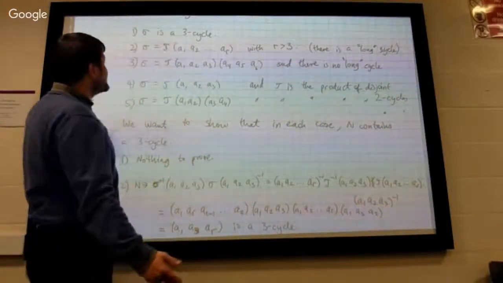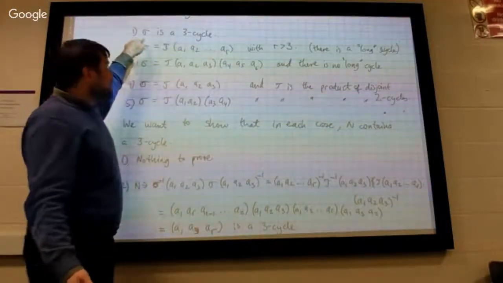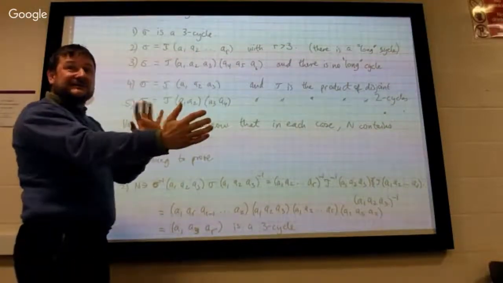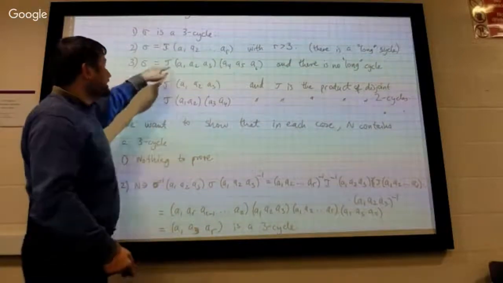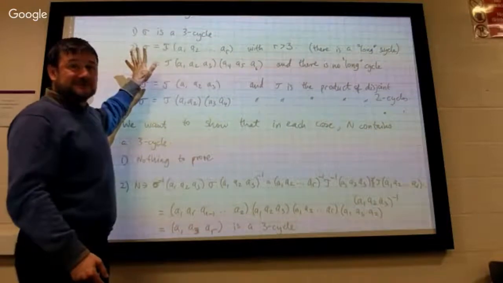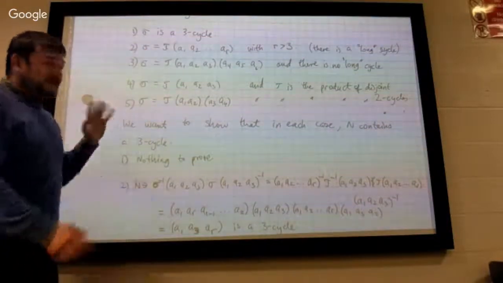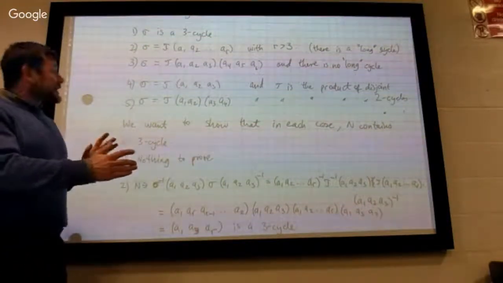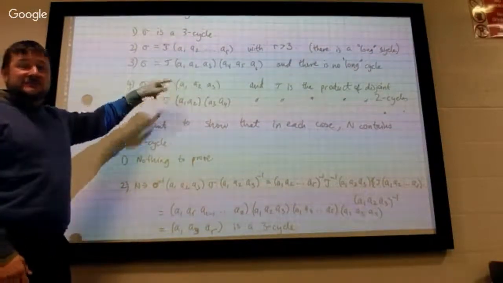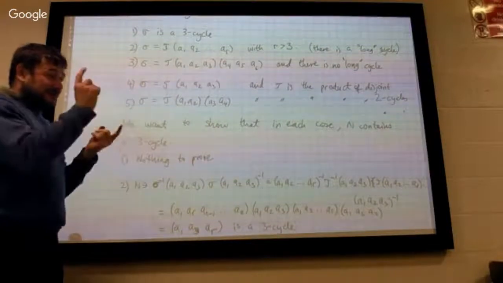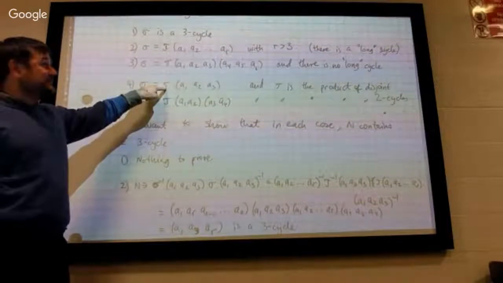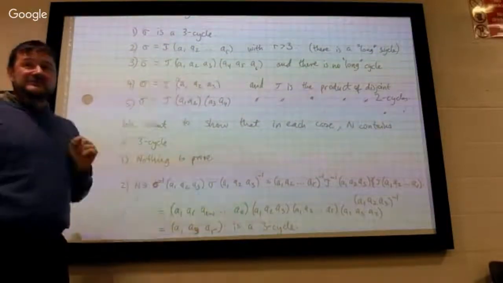Or there's no long cycle, and it's not a 3 cycle, but you find 2 3 cycles as you've written it. And then it looks like this. You don't know what tau is, but it doesn't contain a long cycle. Or you don't find 2 3 cycles at all, and then maybe you find 1 3 cycle. Now you know there's no long cycle, and there's no other 3 cycle, the rest of them have to be 2 cycles. Okay, so tau is the product of 2 disjoint 2 cycles.